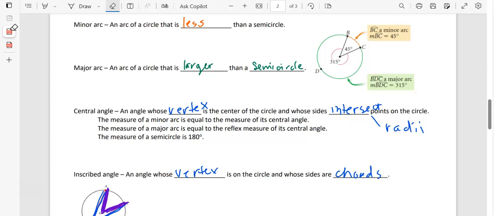Because a semicircle produces a straight line, it's a diameter. A semicircle has a measure of 180 degrees. And I think that also makes sense because if a circle is 360 and it's going halfway across the circle, 360 divided by 2 is 180.